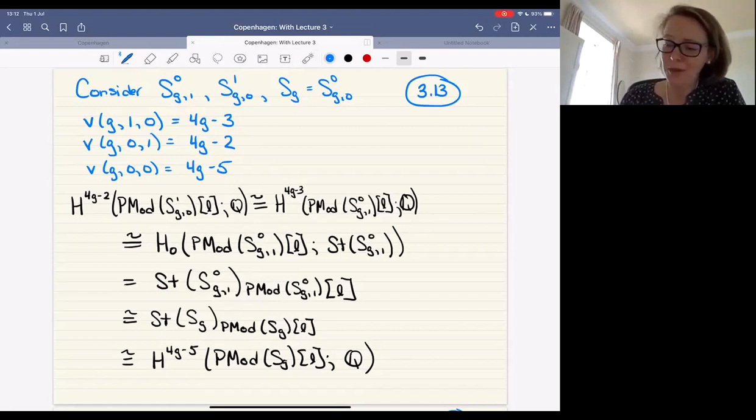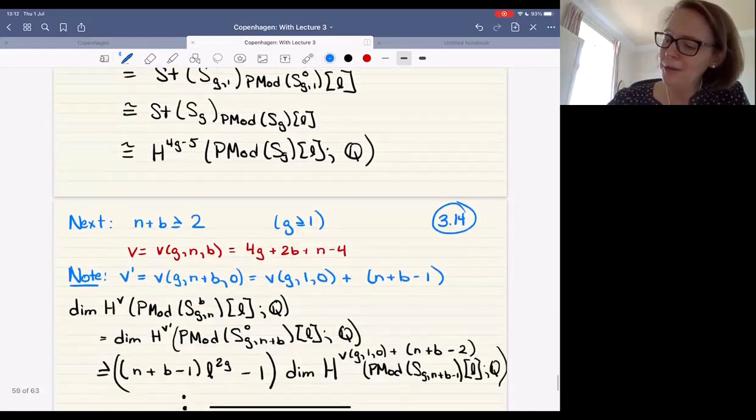We're using the same tricks that we had before: our lemma, duality, and co-invariance, and we get the result that we need in this case. This will be in the lecture notes, and you can go back through and check that I've dotted my i's and crossed my t's.